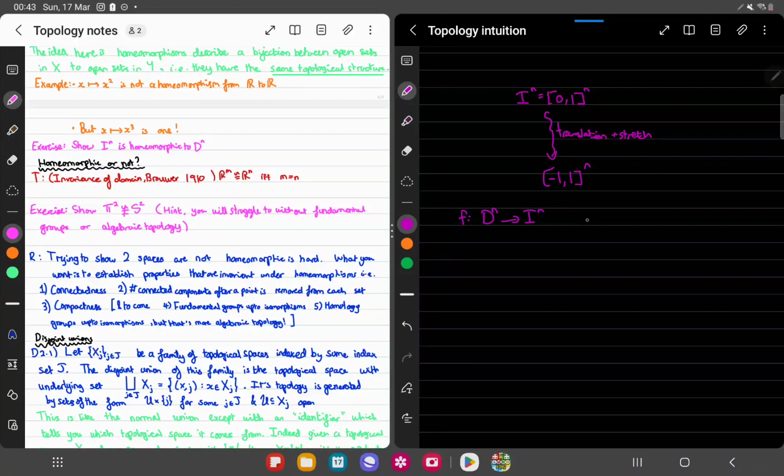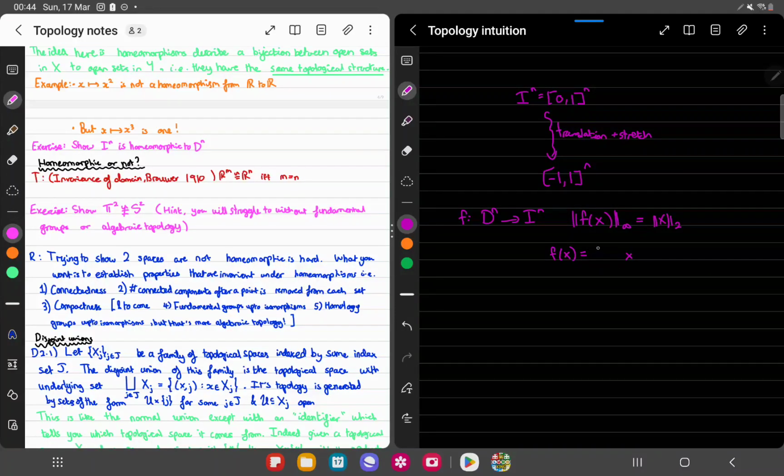So you could come up with this idea where what you want is the infinity norm of f of x to be equal to the 2 norm of x, and you want to stretch it along the lines. So you could think of f of x equals, okay, so how do I do this? I want to scale x.